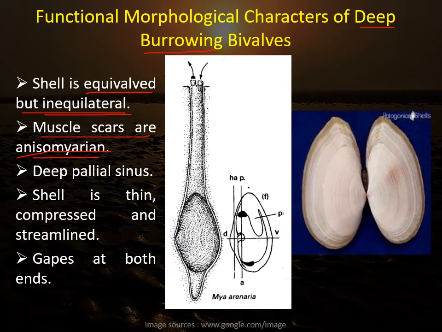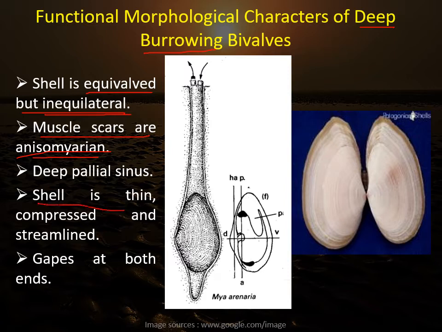As the bivalve stays in the deeper part of the sediment, it requires a long siphon to keep contact with the fresh water. Thereby they require a deep pallial sinus within the shell for placement of this long siphon.